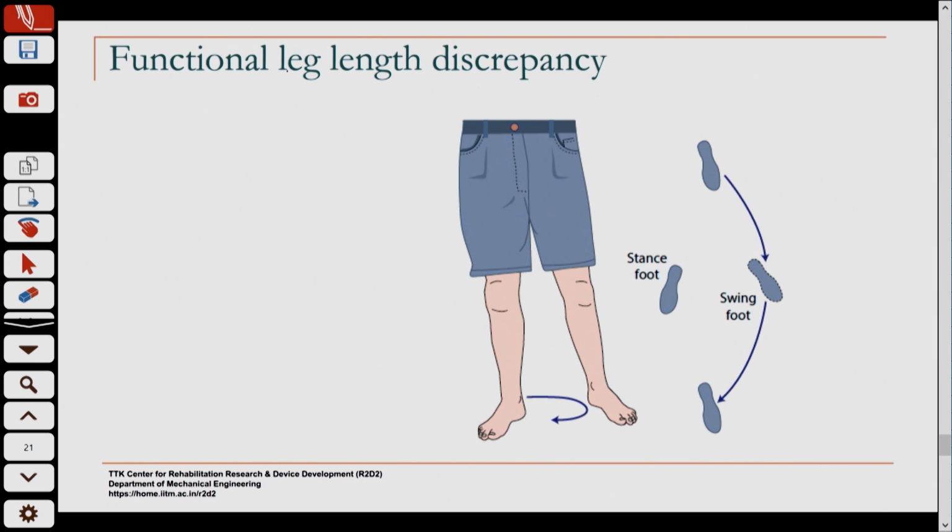One is there could actually be an anatomical leg length discrepancy. So, this has to be differentiated. The functional leg length discrepancy has to be differentiated from an anatomical leg length discrepancy. So, this is when the legs are actually different lengths.